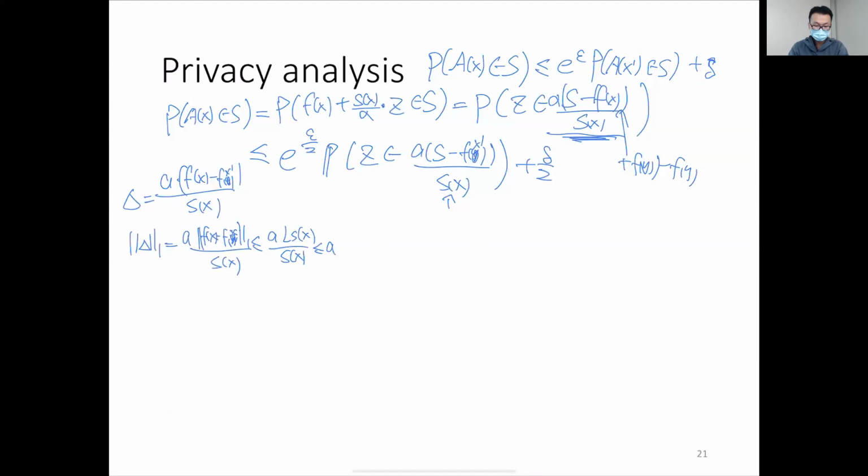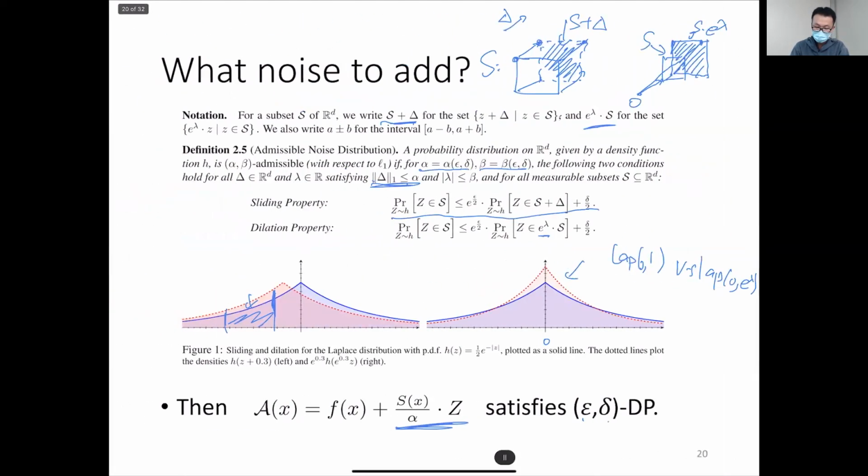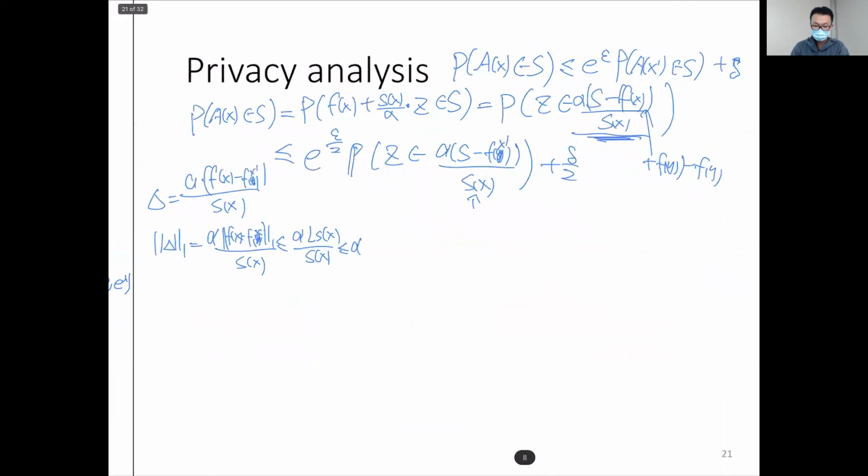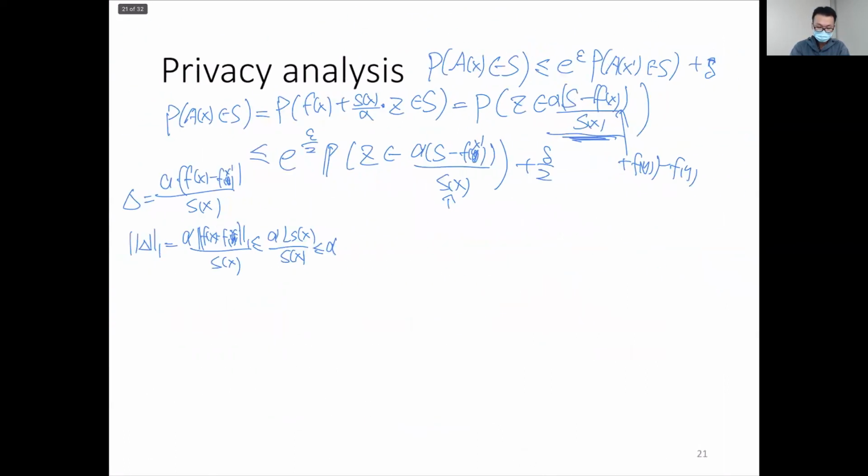Therefore, this is smaller than alpha, and it checks the condition that this is smaller than alpha. Therefore, we can apply the sliding property, and that's how we obtain this inequality.